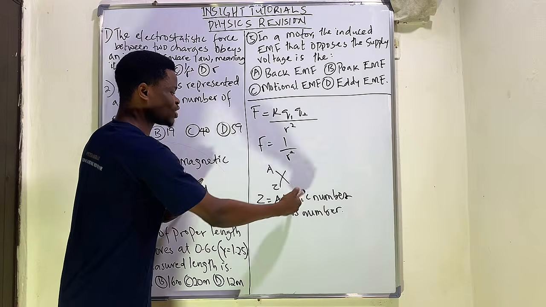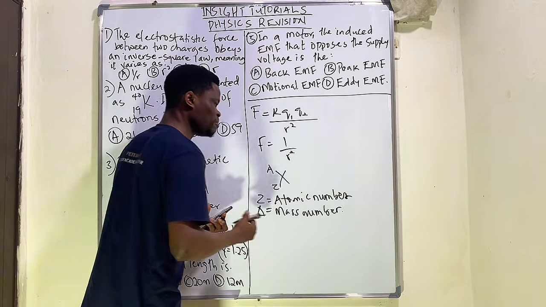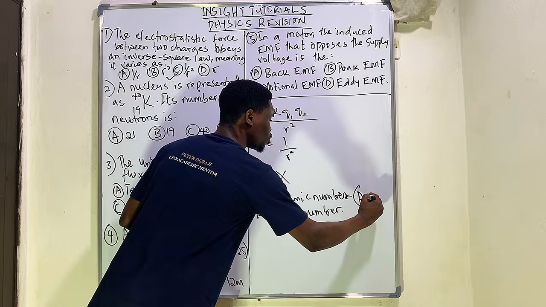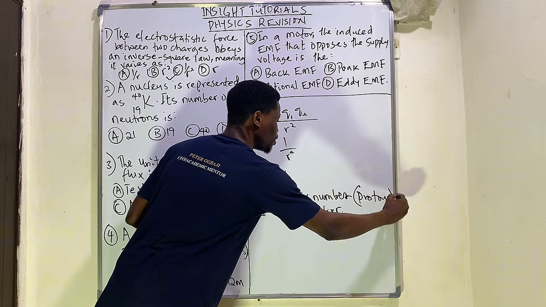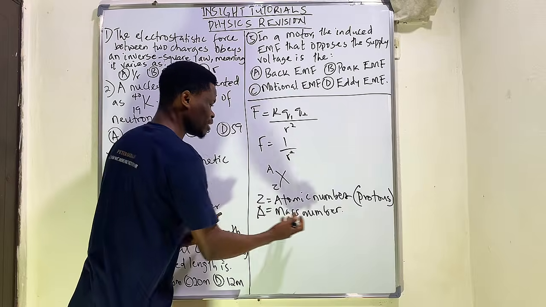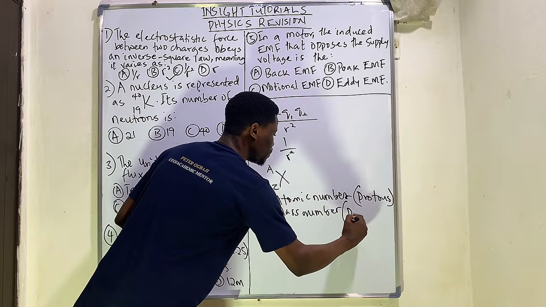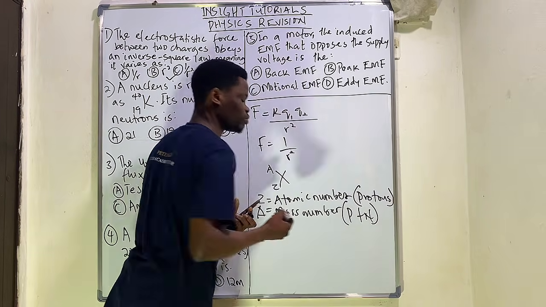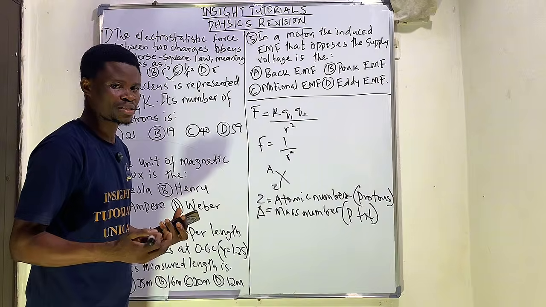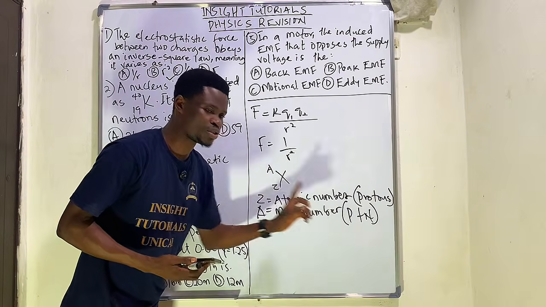Now, the atomic number in itself is simply the total number of protons in the nucleus of an atom. And the mass number is simply the proton plus your neutron. Take cognizance of that. The mass number is the proton plus the neutron.